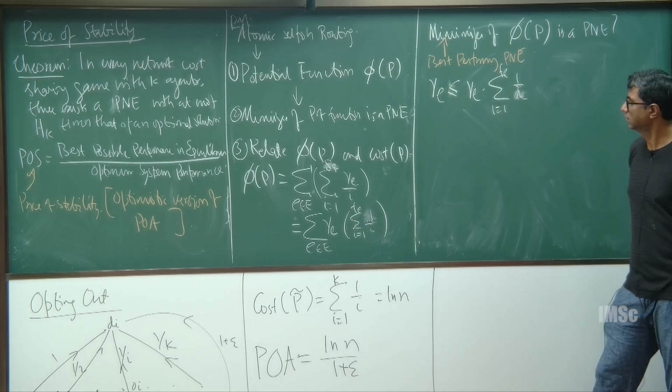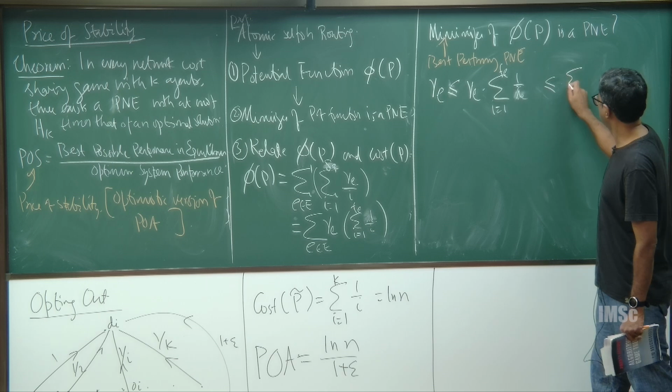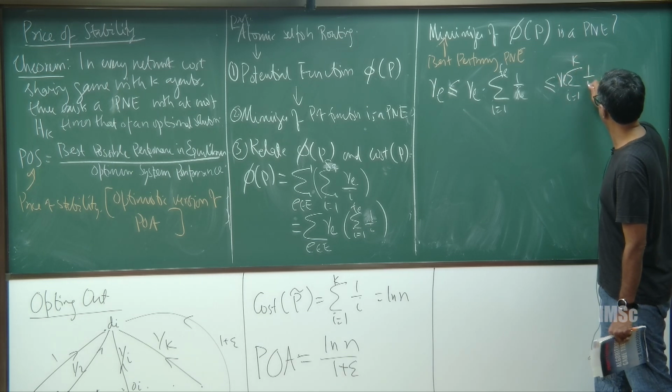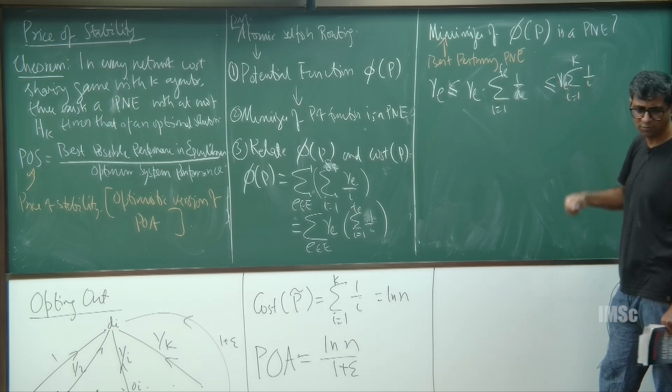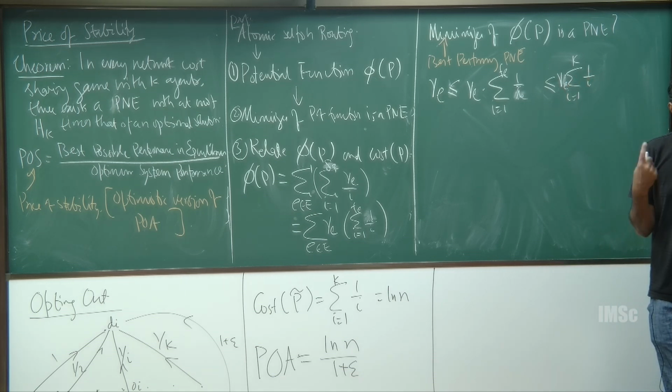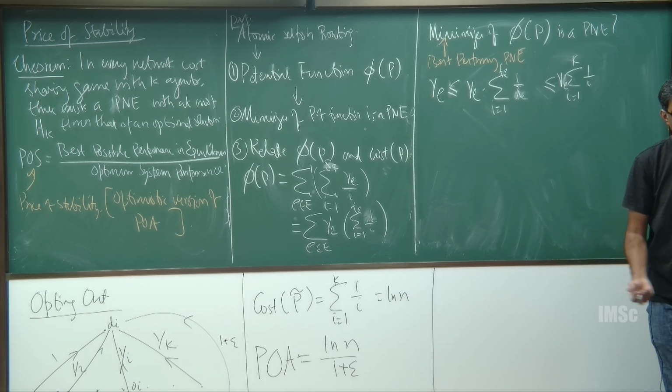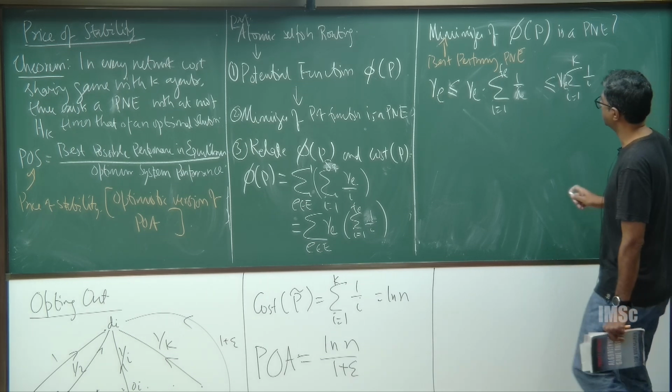This is less than or equal to summation i going from 1 to k of 1 over i, because I have only k agents. So F e is upper bounded by k, because you are using k paths. An edge can only be used by all the k agents, so its frequency is upper bounded by k.